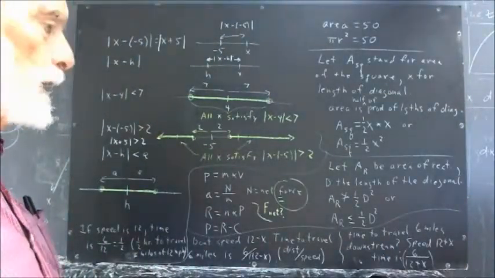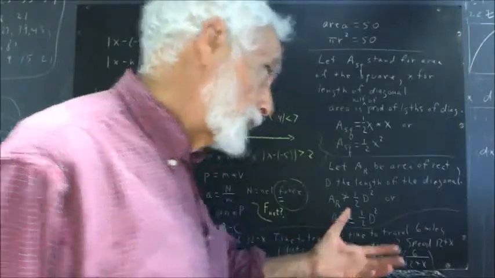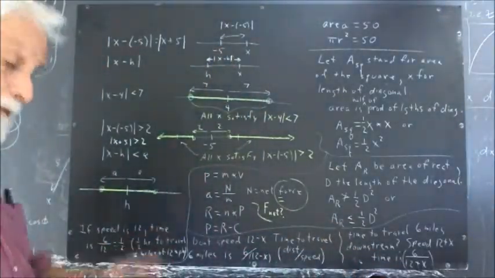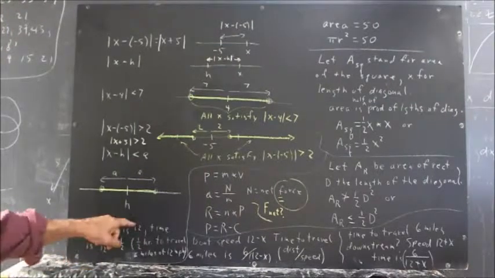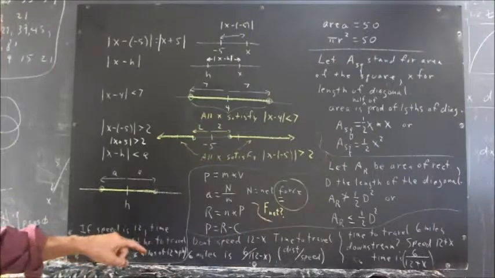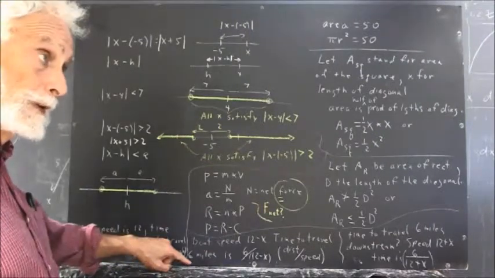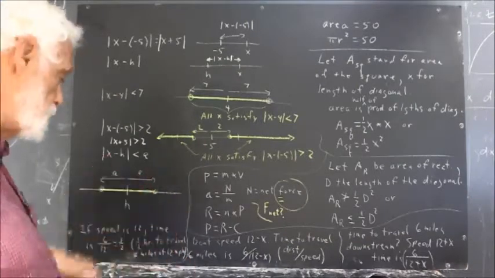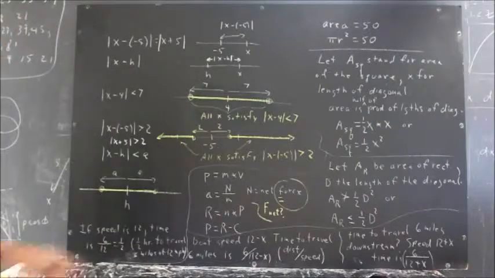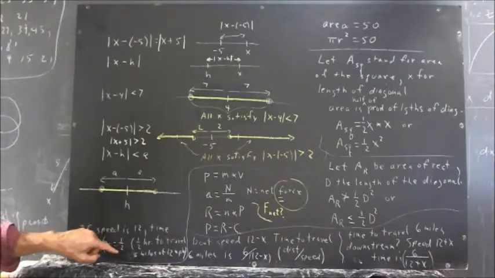Now, that should be very handy in subsequent questions that we didn't get to in class and that we'll be talking about in our next class. Another example over here. Speed is 12 miles an hour. Then how long does it take to go the 6 miles? Well, it's going to be a half hour. But also, if we divide the distance by the speed, we have 6 over 12, which is 1/2.